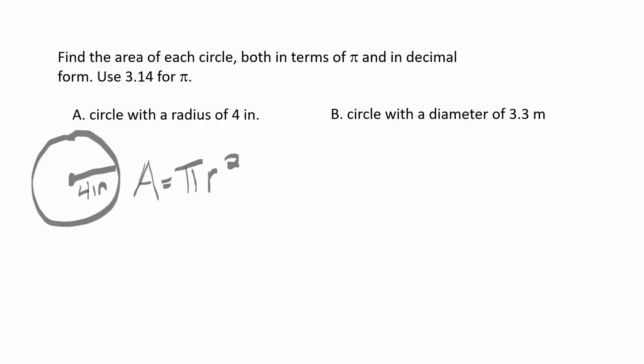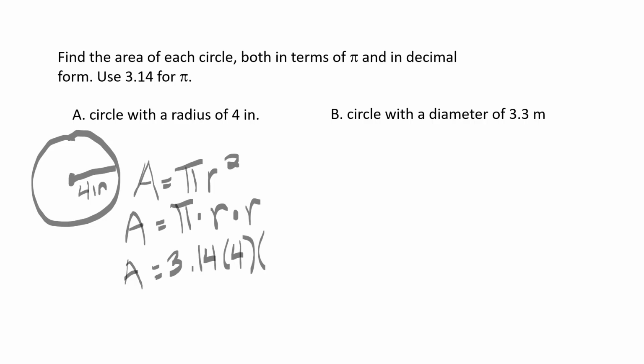Now, a common mistake that I often see is that people forget that when we square something, that actually means radius times radius. So this is pi times radius times radius. So we're going to plug in our 3.14 for pi. And here we have a radius of 4. So times 4 times 4.